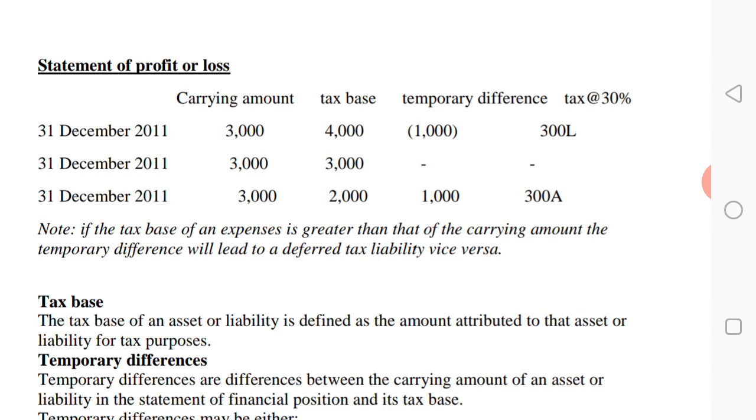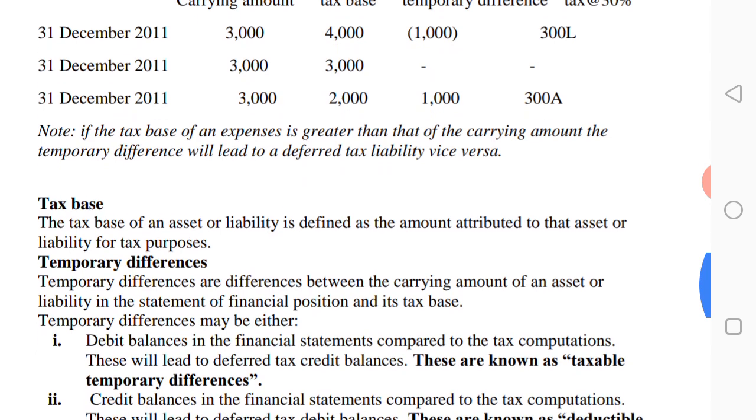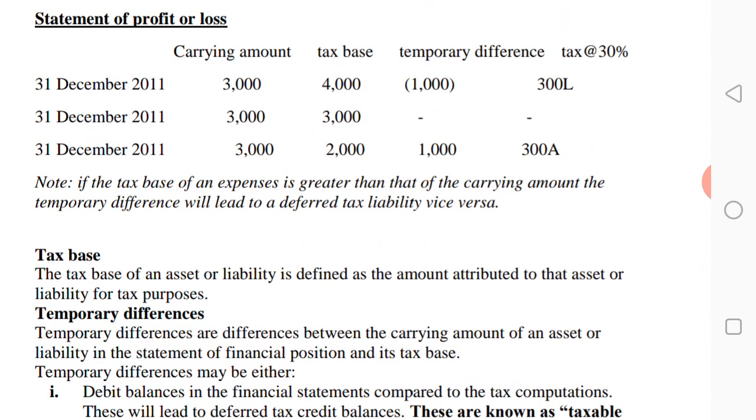That means expenses are the opposite of assets. What transpires in assets, that is how we arrive at our deferred tax asset or deferred tax liability, and under expenses it is the opposite. That means when the carrying amount is higher than the tax base, it will lead to a deferred tax asset.